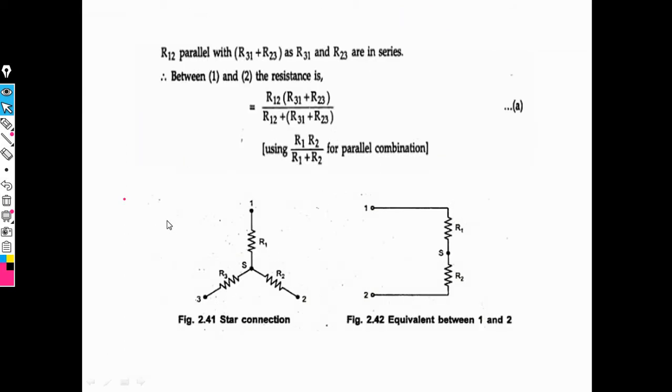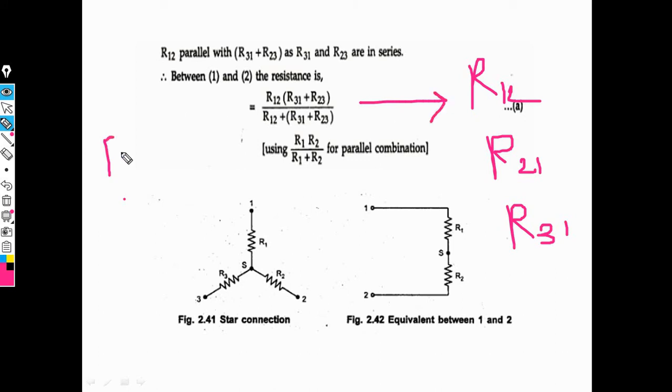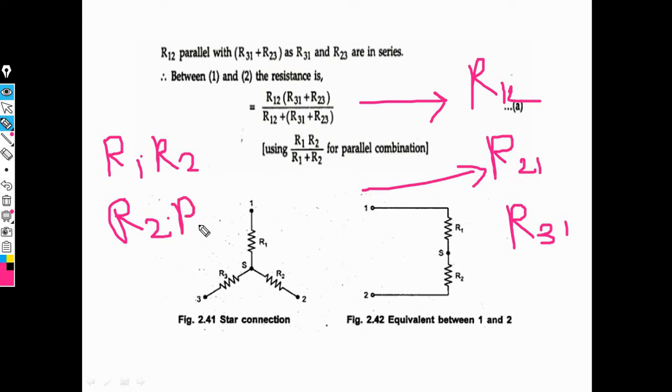Now we have to obtain the value of R12, then the value of R21, then R31. That is, for R12 we need R1 into R2, then R21, that is R2 into R1, then R31 means R3 into R1.